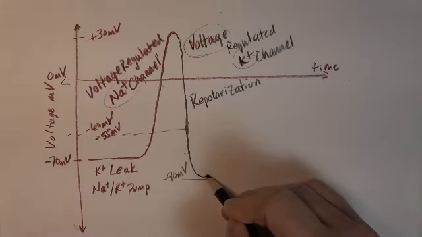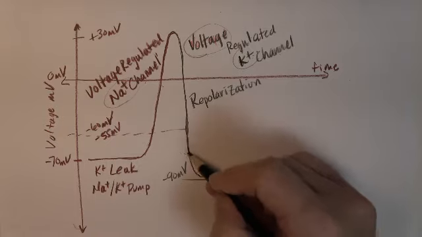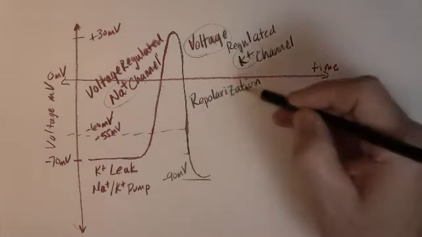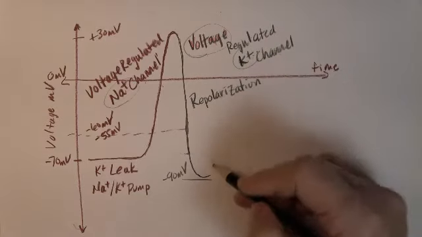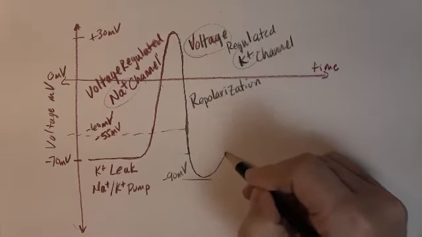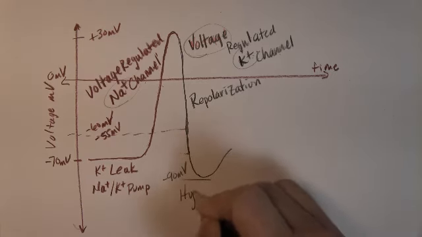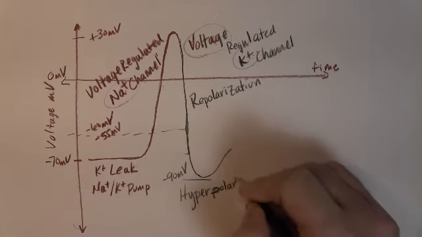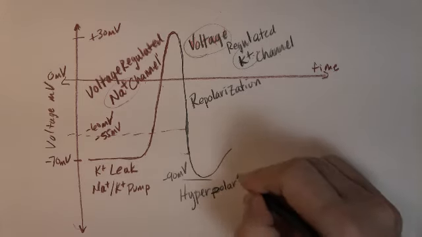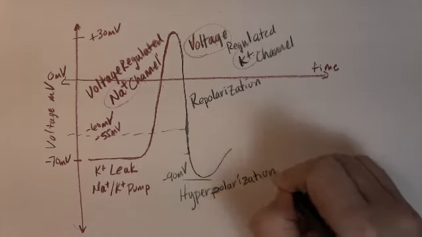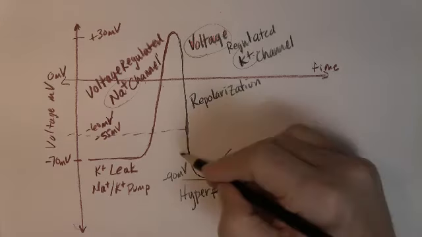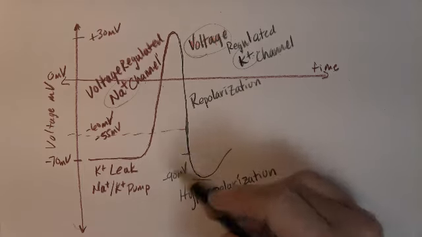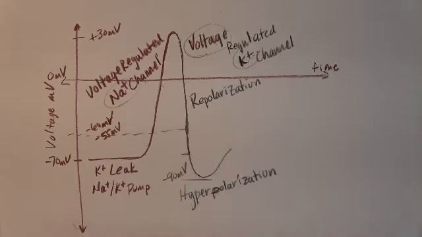And so we go down so far, by the time the closing happens at negative 70 millivolts and the amount of potassium that leaks out as the thing is closing, we get what's called hyperpolarization. So basically, we've now overshot, if you will, what our resting potential needs to be.